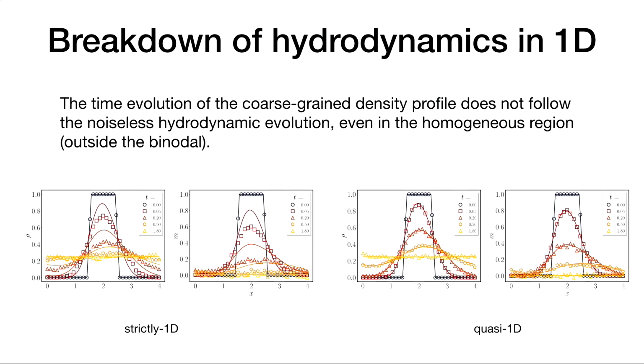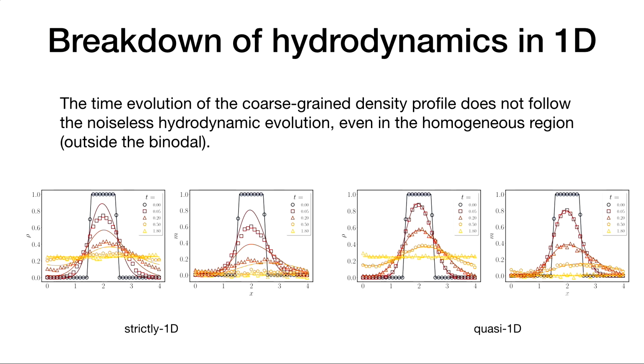Not only that, if you start with a phase separated state, these points are microscopic and these lines are the evolution of the hydrodynamic equation. You evolve them together, and this is precise because we know how to go from the micro parameters to the macro parameters exactly. You see that these evolutions are different, the hydrodynamic evolution and the micro evolution don't follow each other.